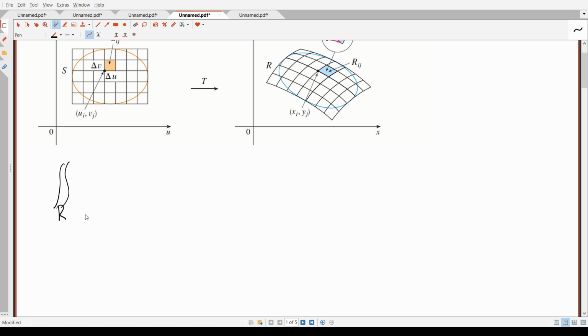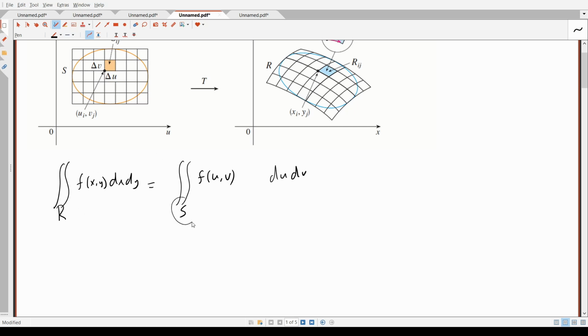I'm integrating over a region R, and I want to integrate a function of x and y, dx dy, and I want to transform this into an integral over this region here. Let's just call it S. That's this region here. And it's going to be a function of u and v, du dv. How does my integral change?